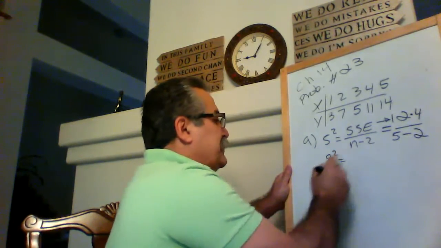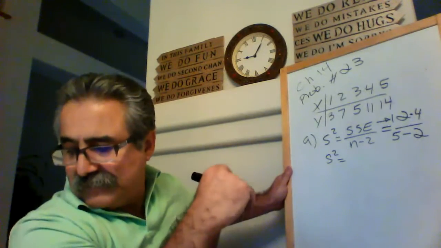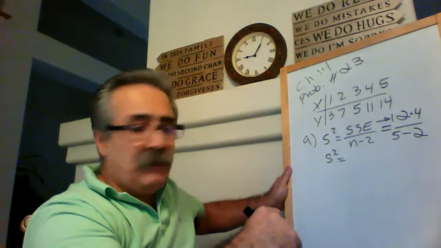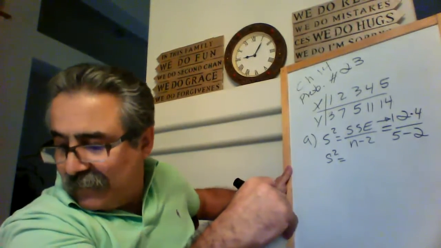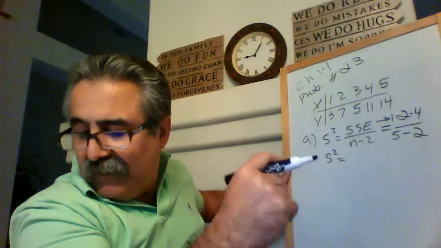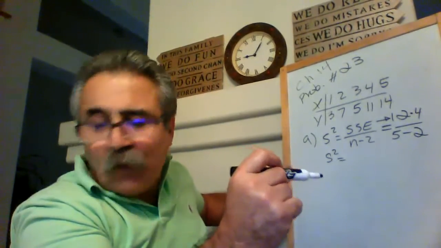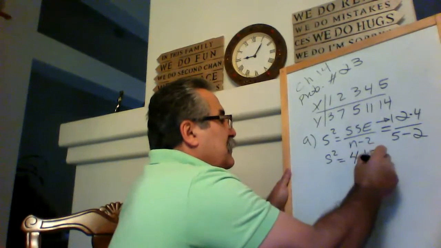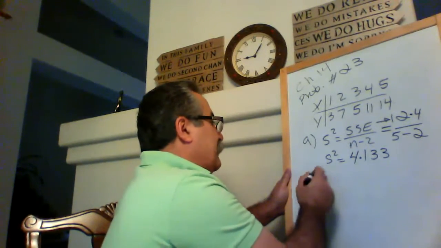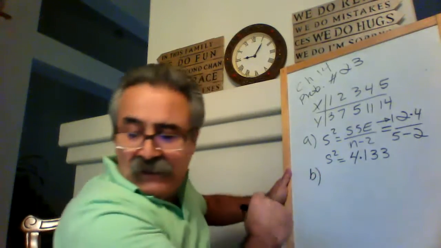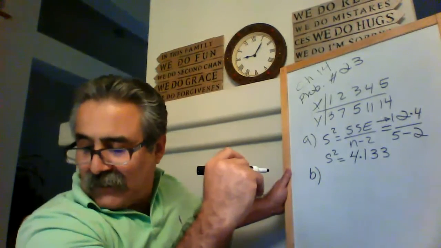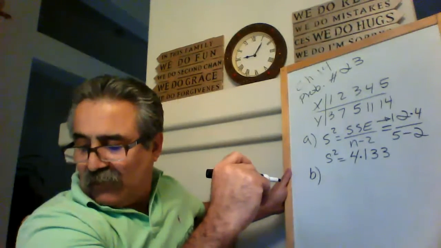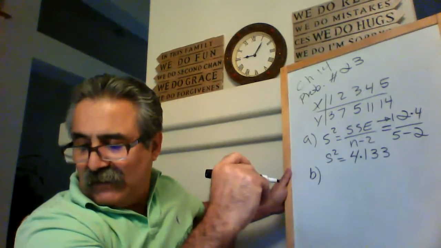So S squared is going to be equal to 4.133. I'm sorry, that was the answer to part B, 4.133. For part B, compute the standard error of the estimate using equation 14.16.